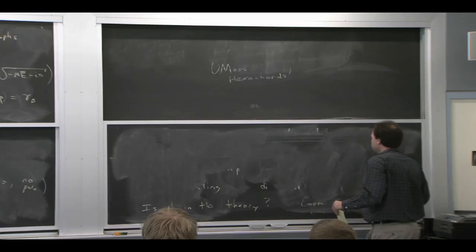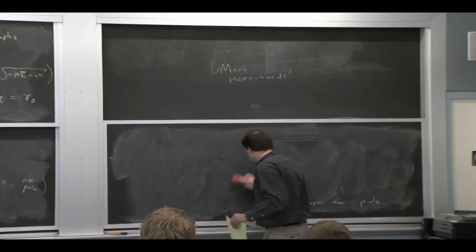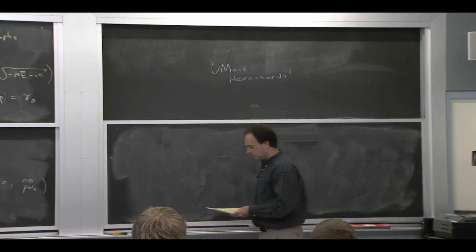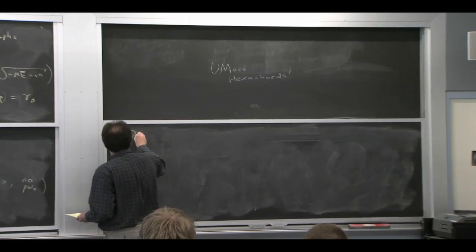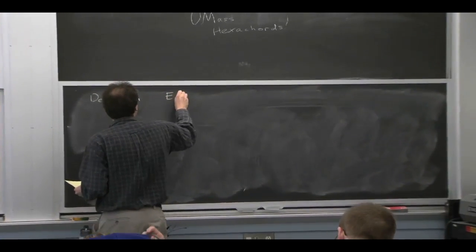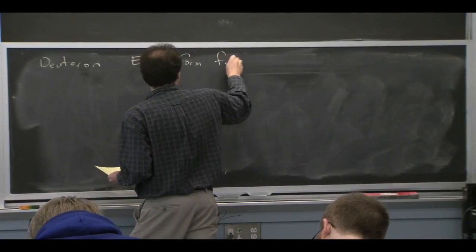So in order to show you how to do that, I'm going to give one example, calculating something non-trivial that involves a deuteron. We'll calculate a form factor for the deuteron.